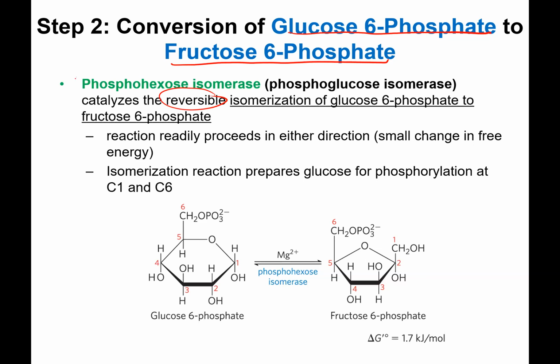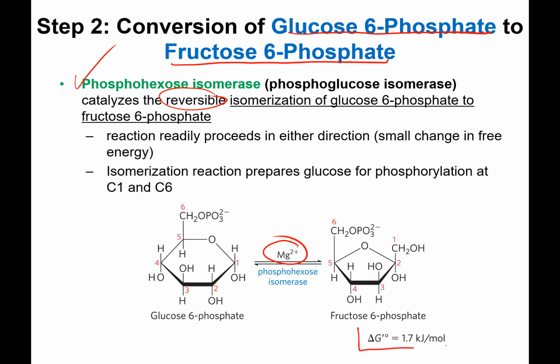Again, phosphohexose isomerase. We're just rearranging the structure of this molecule, taking it from glucose and turning it into fructose. Still a 6-carbon sugar, right? Again, requiring magnesium 2+.